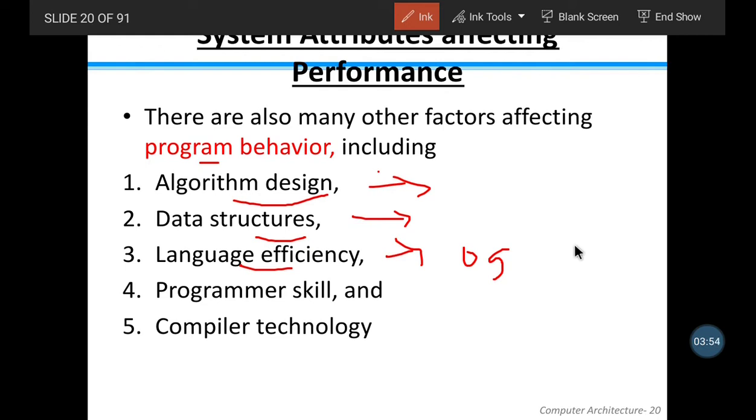Again, language efficiency: for different platforms, we are using different types of languages. Again, it depends on the experience of the programmer. Initially, it will take 2 to 3 years to move from beginner level to the intermediate level.